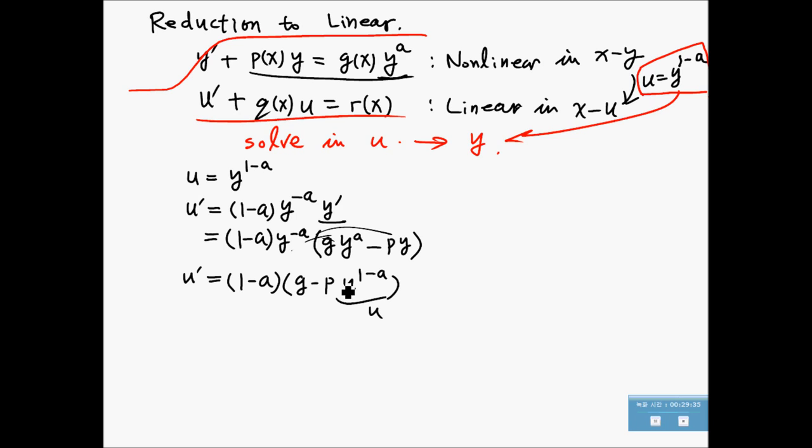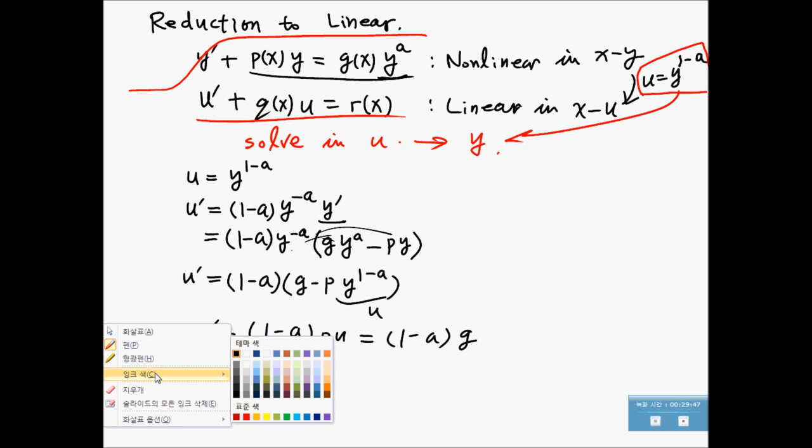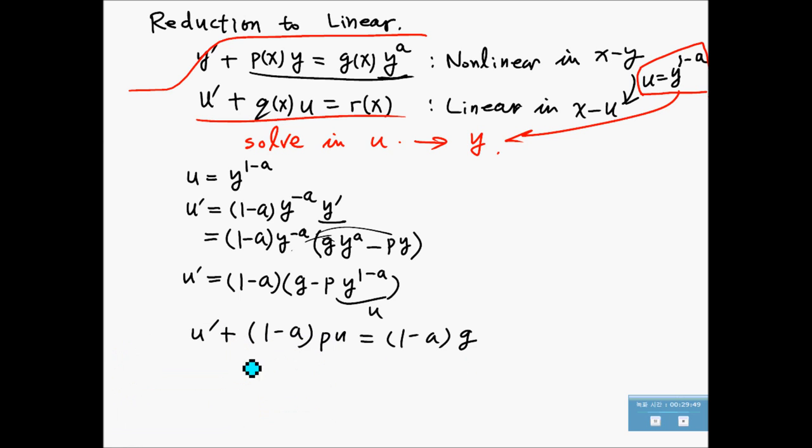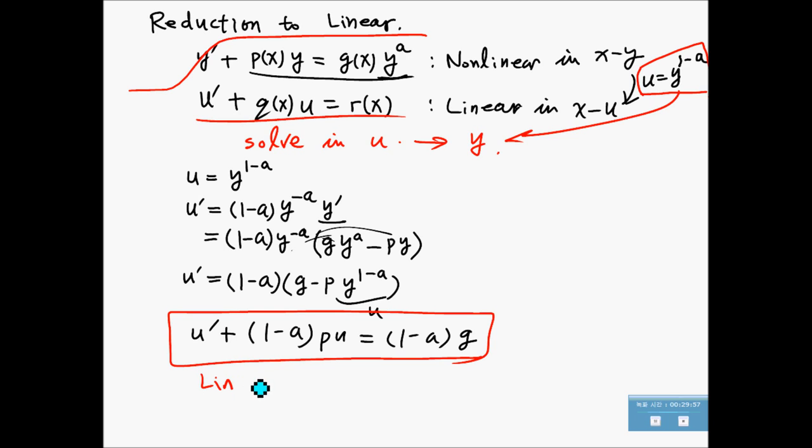So if you write it, u prime plus 1 minus a, p u is 1 minus a, g. That's your linear equation in u. Linear in u.